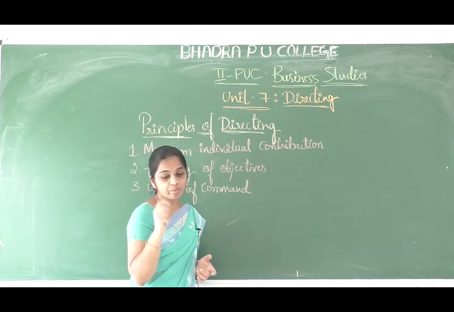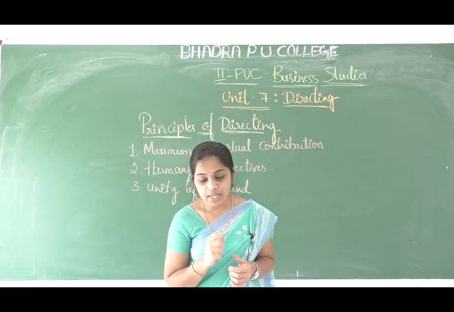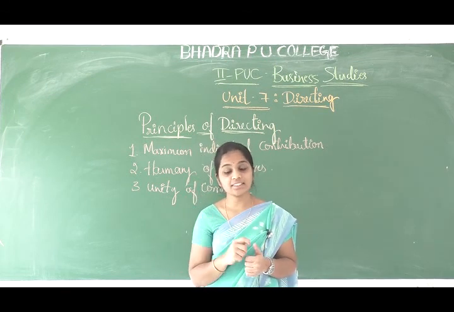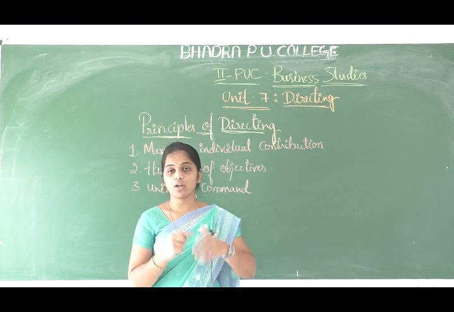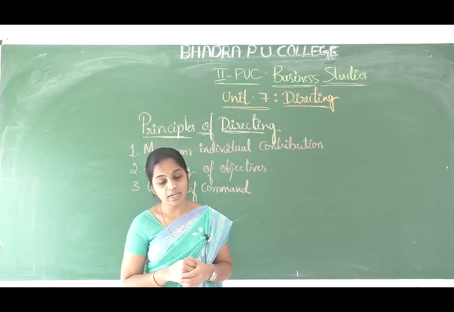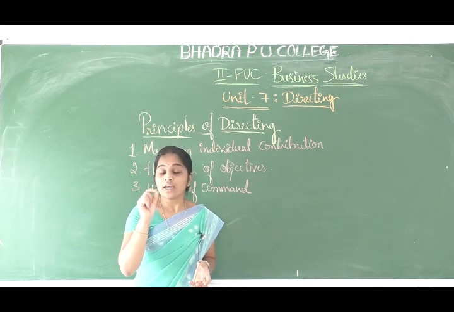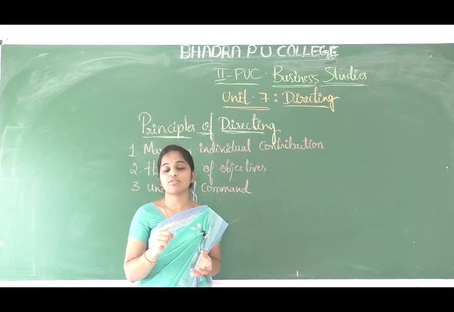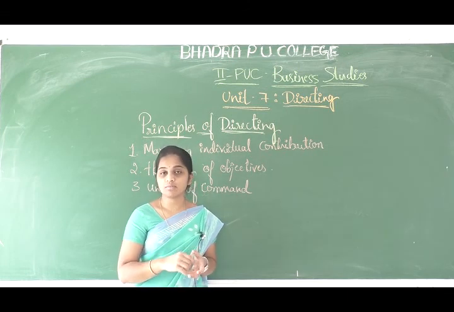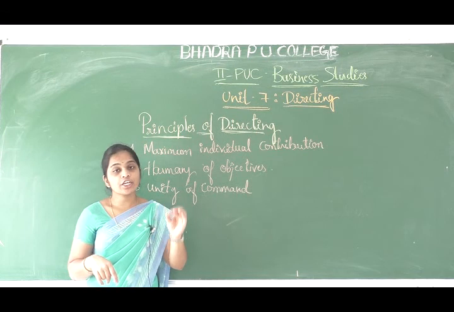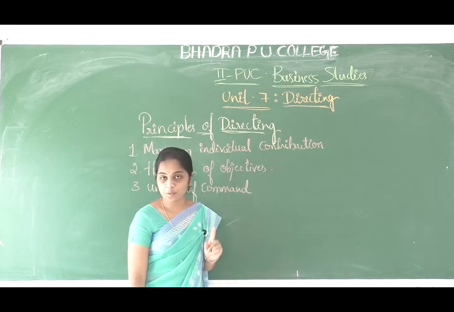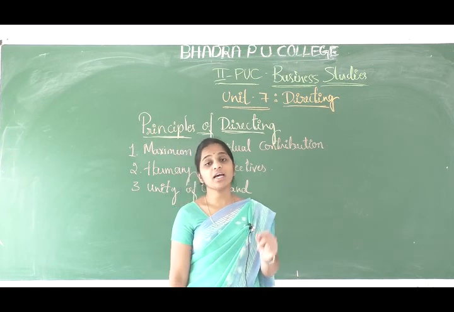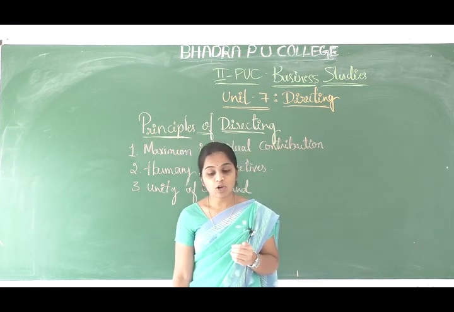So in this principle it insists that the person or the workers in the organization should receive the instructions from one person. As a worker, he should receive the instructions from one person only.